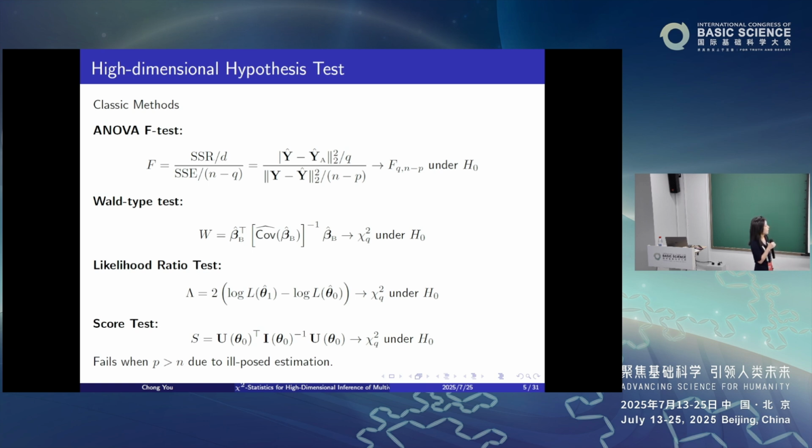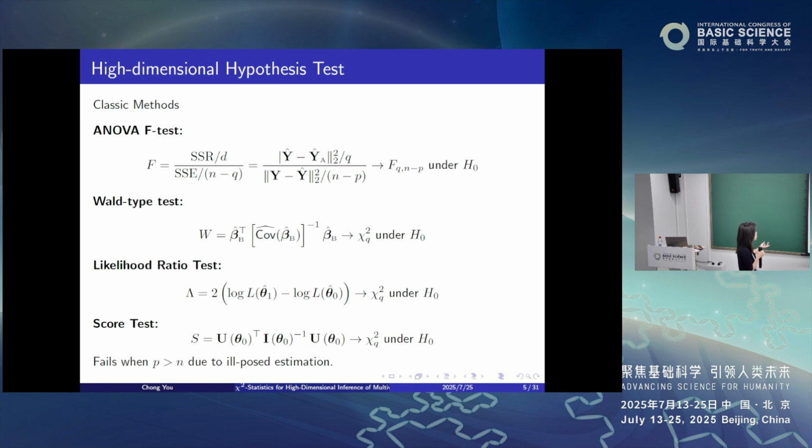The likelihood ratio test is basically the ratio between the two best fits under the null hypothesis and the alternative hypothesis. The score test uses the fact that the expectation of the score function under the true model is 0, and the variance is the inverse of the Fisher information matrix.